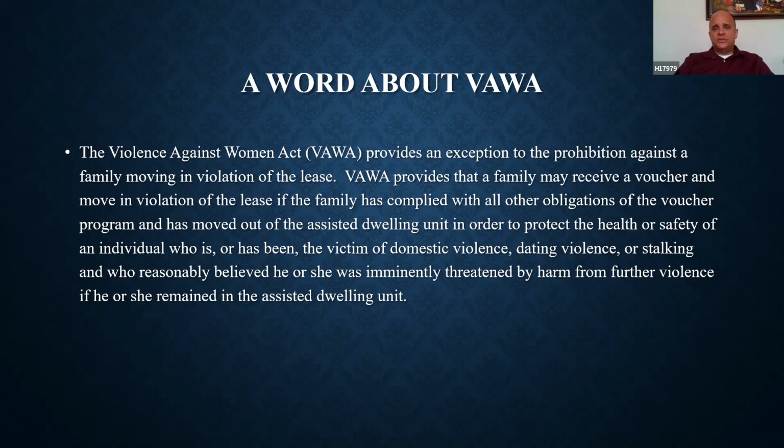This is a case in which a family is permitted to move in violation of the lease if that situation involves the safety of the family due to a member of the family being a victim of domestic violence, dating violence, or stalking, and that person believes that there is a legitimate or imminent threat of harm. This applies only, though, if the family is not in violation of other lease provisions.